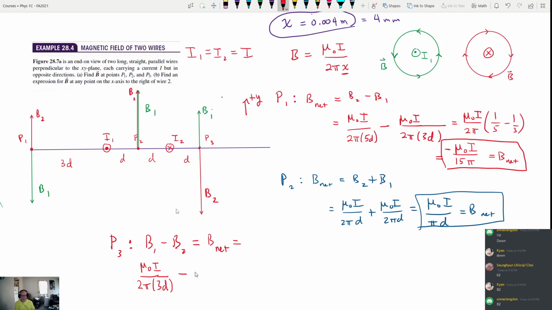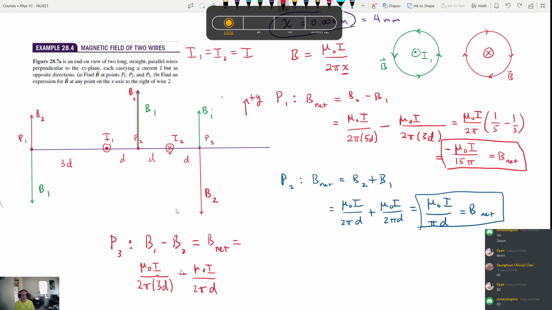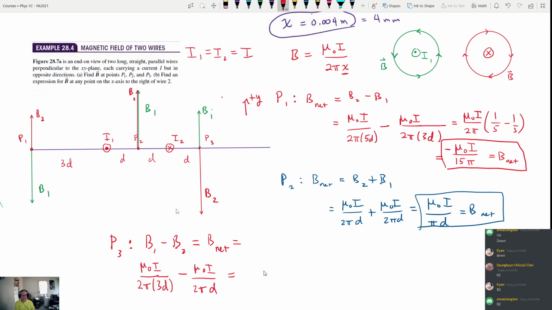B2 is a distance of d away, so minus mu naught I over 2 pi d, because from here to here it's d. So we have a third minus 1, which will be equal to negative 2 over 3. So we're going to get mu naught I over, one of the 2's is going to cancel here. And that's going to be the net magnetic field at point 3. So this was point 2, this was point 1, this is point 3.